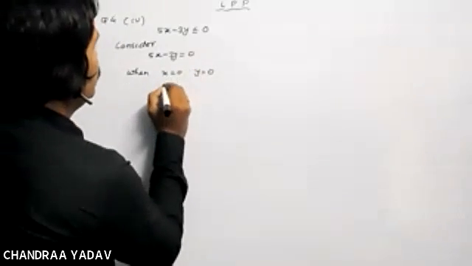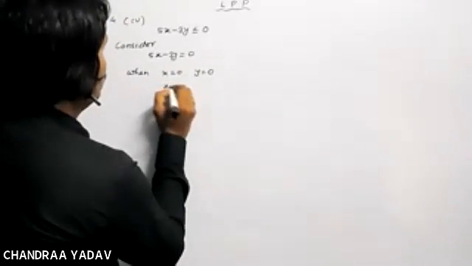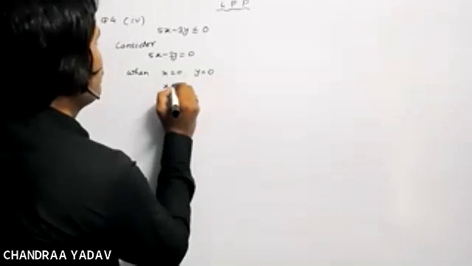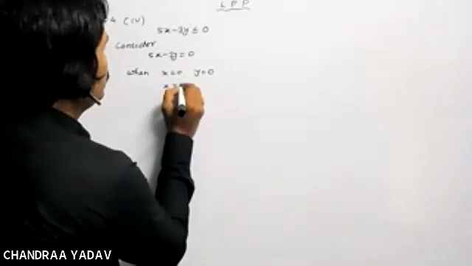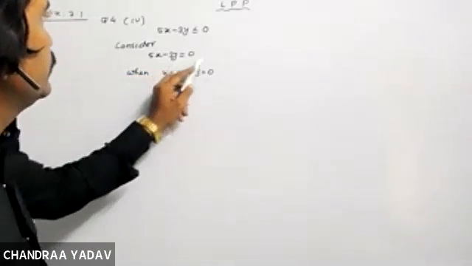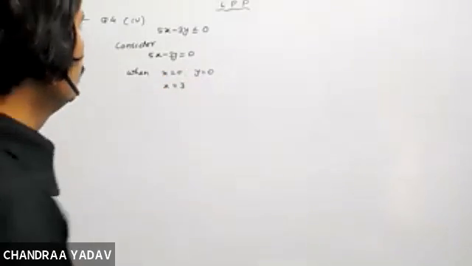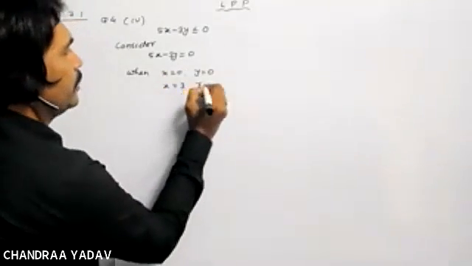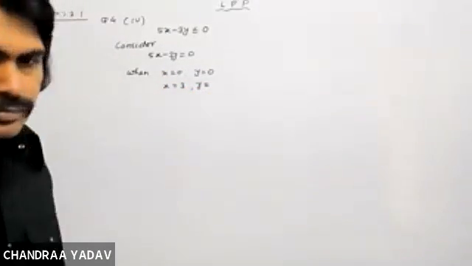On the other hand, suppose x is 3. So 5 times 3 is 15, and 3y will go on that side and become positive. So y will be 5. Very good.